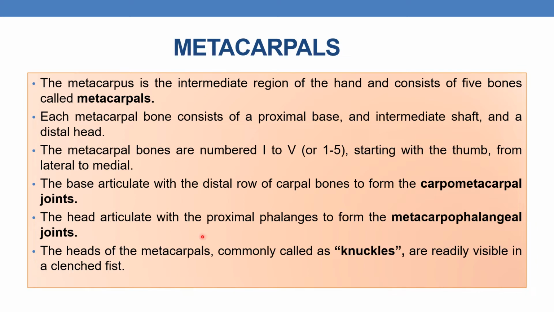Whereas the head articulates with the proximal phalanges to form metacarpophalangeal joints. And the heads of the metacarpals, commonly called knuckles, are easily visible on a clenched fist. Knuckles are nothing but the heads of the metacarpals.